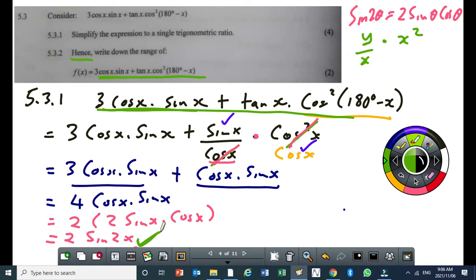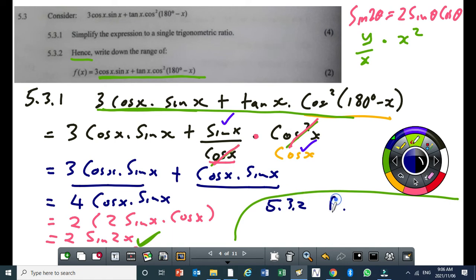Are you following? Therefore, 5.3.2, it means that we can write that expression as f of x equals 2 sine 2x. That's a grade 11 trigonometric function. It's a grade 11 trig function.